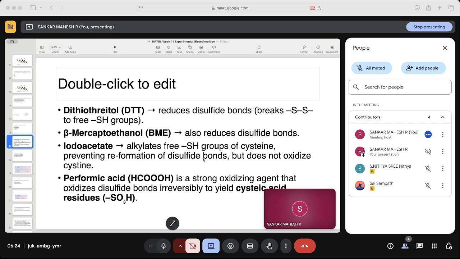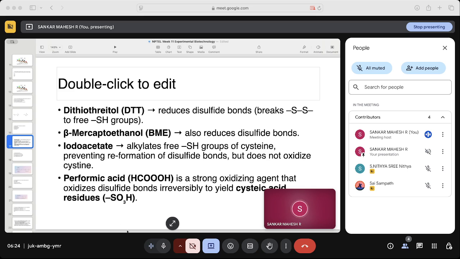So when people use iodoacetate is, let's say you have a protein whose active site has a cysteine group, an SH group, and this is important for the catalysis of the enzyme. Now, when you add iodoacetate, you essentially make it inactive by adding a bulkier group onto the sulfhydryl group. So this can no longer participate in the catalysis and hence the enzyme is inactive.